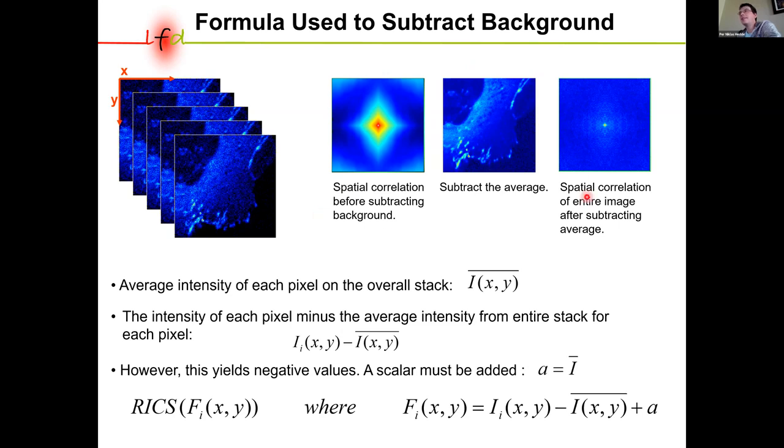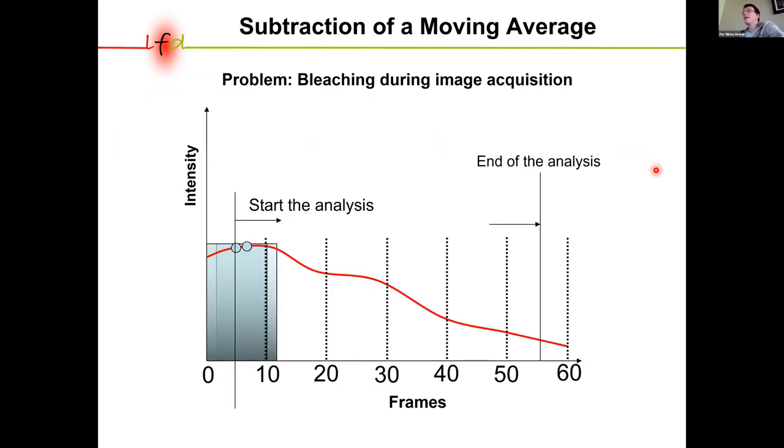And if that is subtracted before, we end up with the correlation function seen on the right, which now only contains the contribution of the molecules that are actually moving around within the cell. So this is one reason why it's good in RICS to take more than one image, because we're able to subtract the immobile fraction.